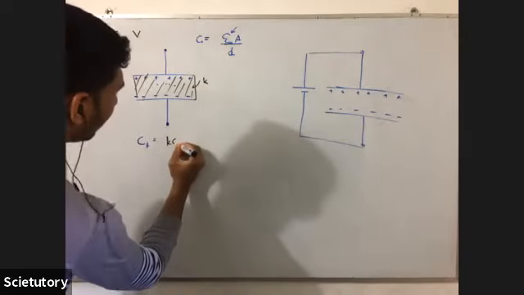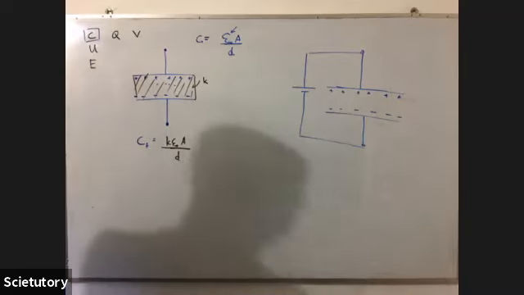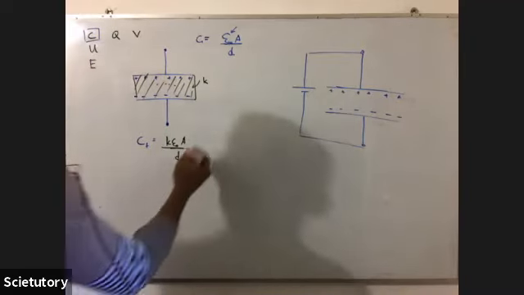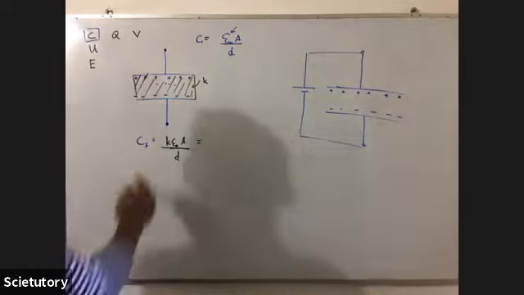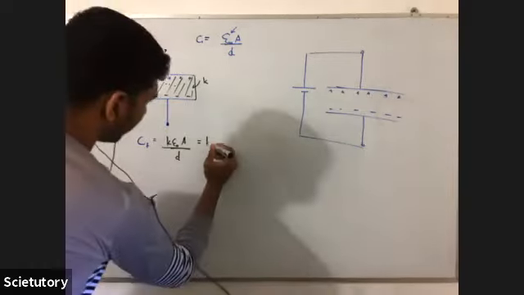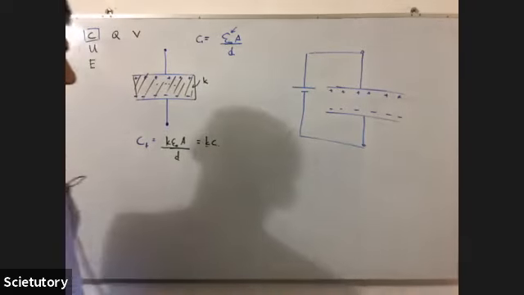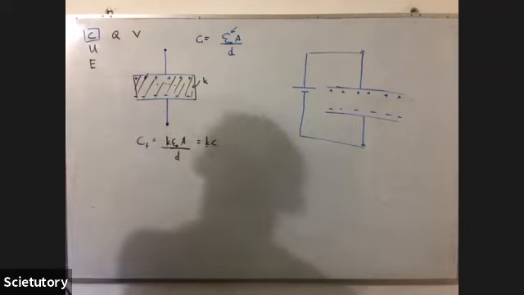It's K epsilon naught A over d. Am I correct? When you express this equation in terms of initial C, it is then KC. So the capacitance increases by the factor K when you insert a dielectric substance.